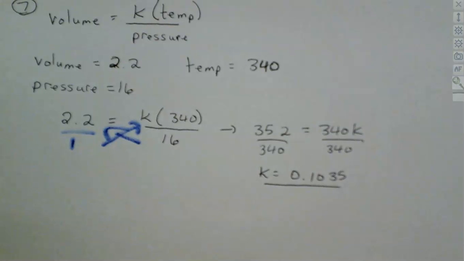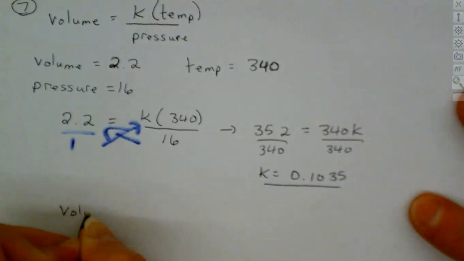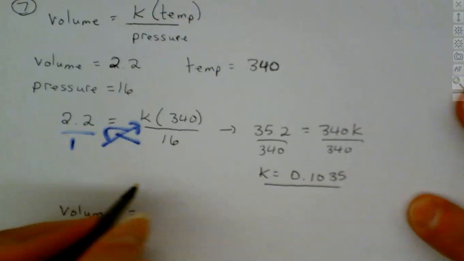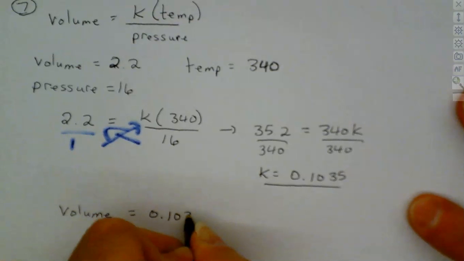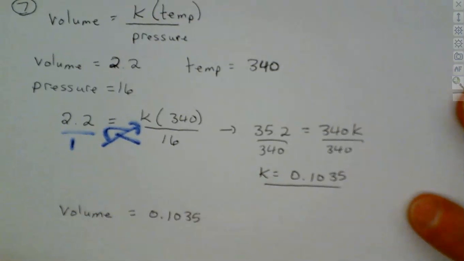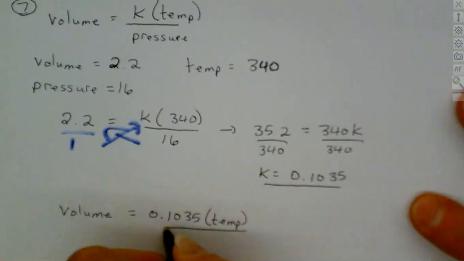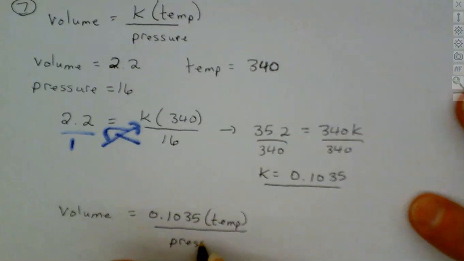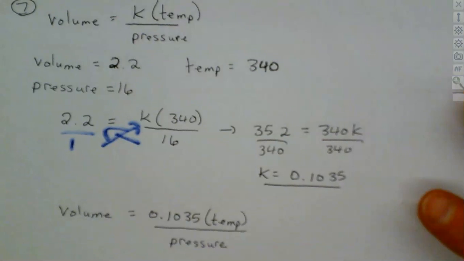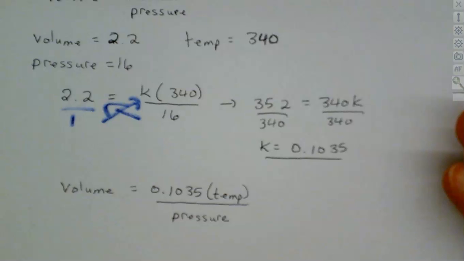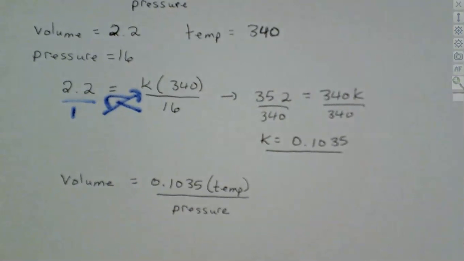Is everyone okay with how I did that? Right? So we just cross multiplied, we got our K. Now, rewriting, we have our volume equals 0.1035 times the temperature divided by the pressure. Now, K can be a different number depending upon the different type of gas that you're working with.